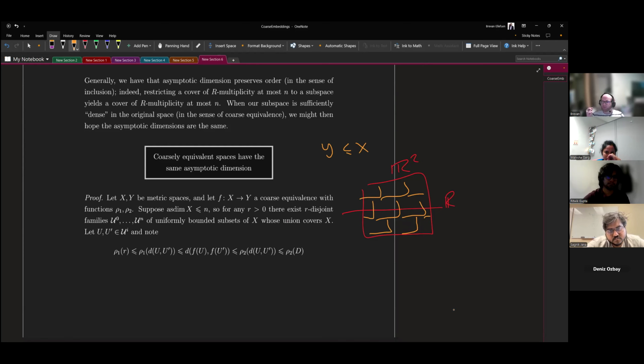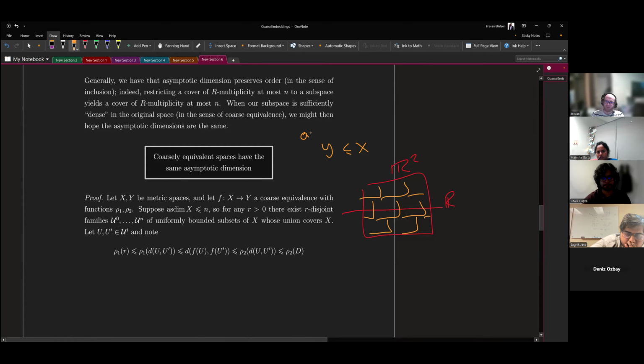So it may happen to be that on a subspace, you've chosen something that has the minimal amount of intersections of stuff, or it could be it's only minimal in the bigger space, but you can actually get a little bit smaller by choosing a more clever partition in the subspace. So this tells us that asymptotic dimension preserves inequality of subspaces in the sense of ordering. So if Y is a subset of X, that means the asymptotic dimension of Y is less than or equal to the asymptotic dimension of X.